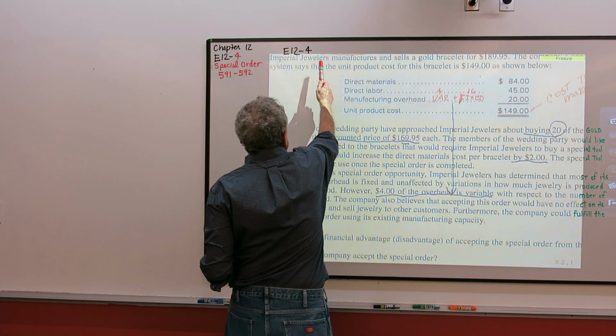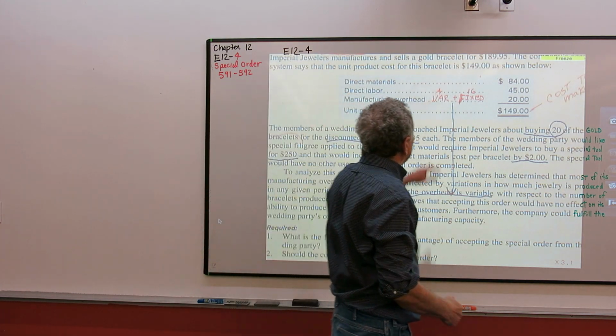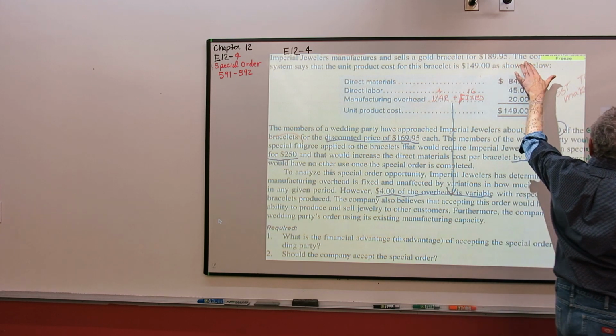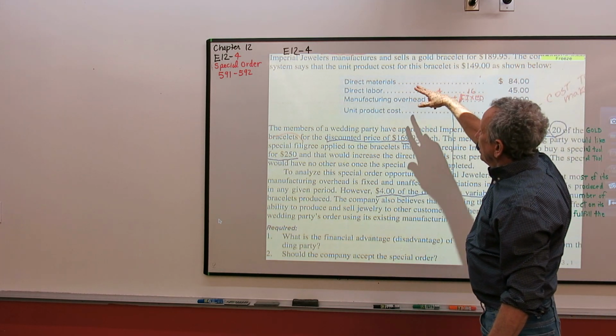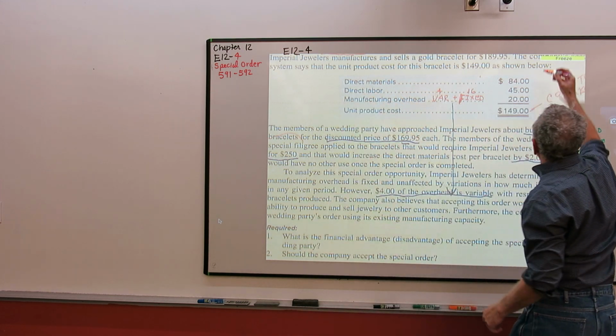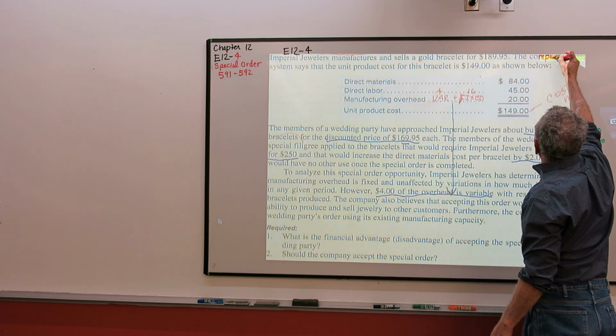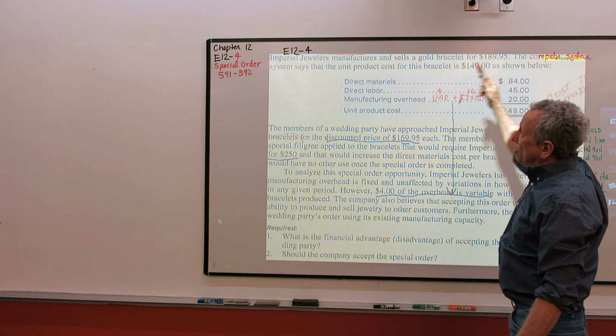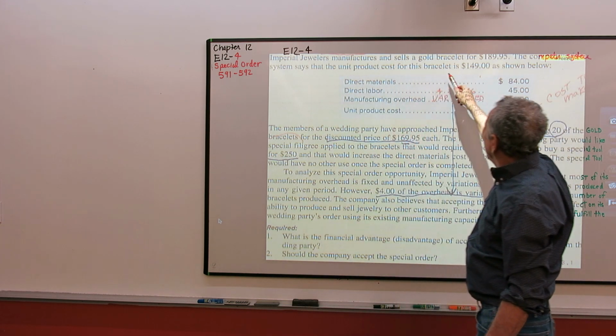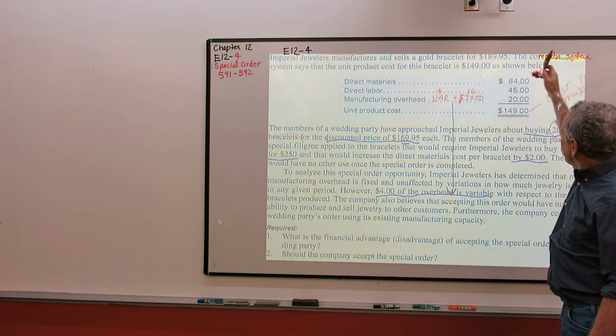This is a jeweler, and the manufacturer sells a gold bracelet for $189.95. The company's computer system says that the unit product cost for this bracelet is $149.